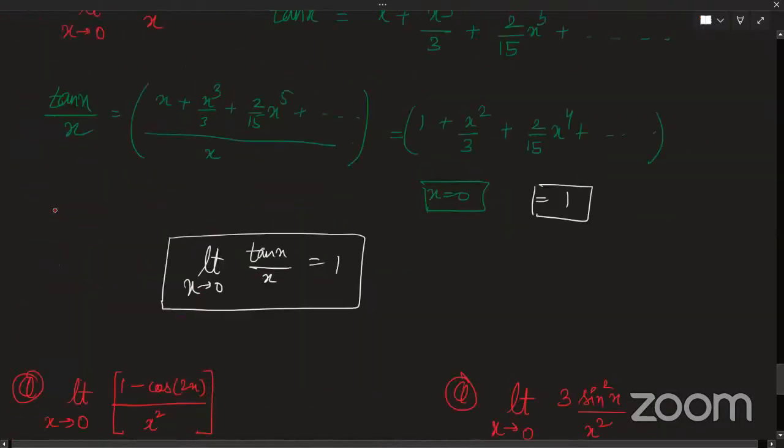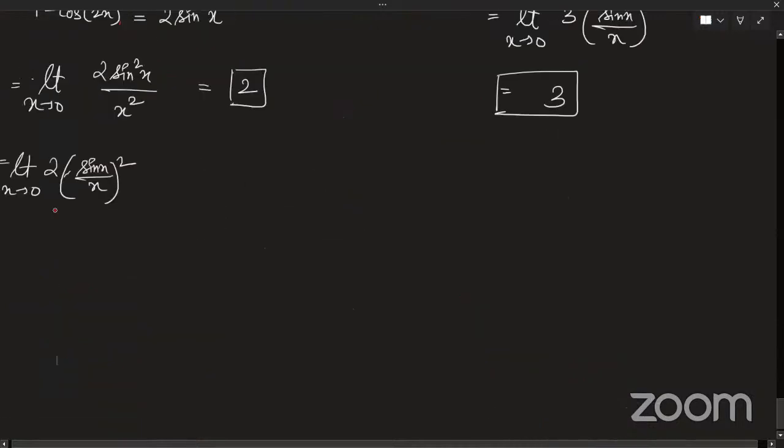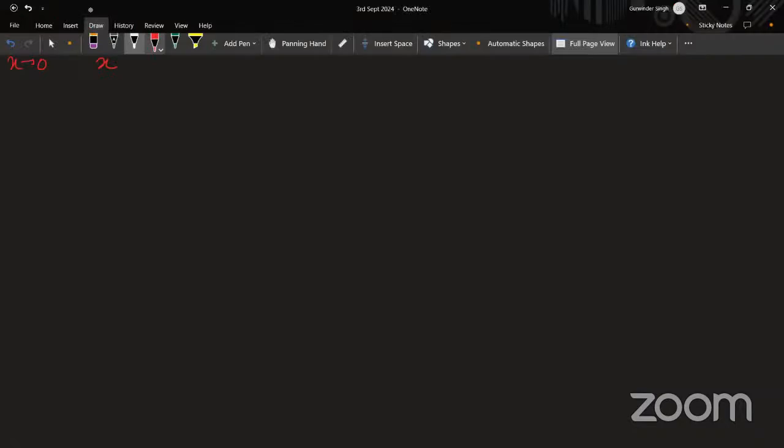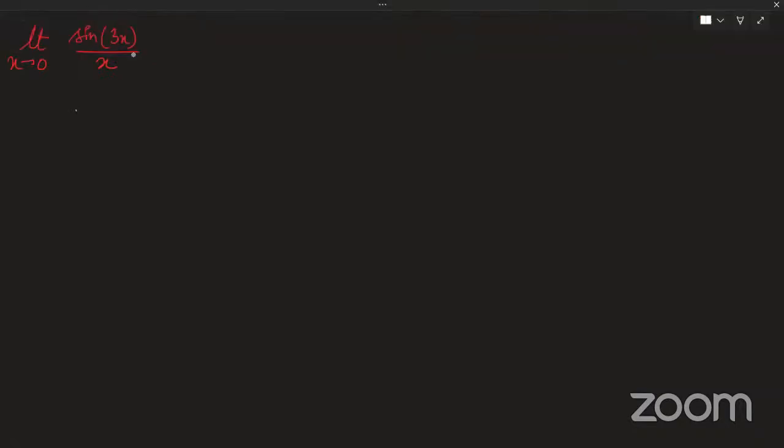So now we have limit x tending to 0, sine 3x by x. How can we do this? Can you think? Anyone? Can we use a formula? Which formula?